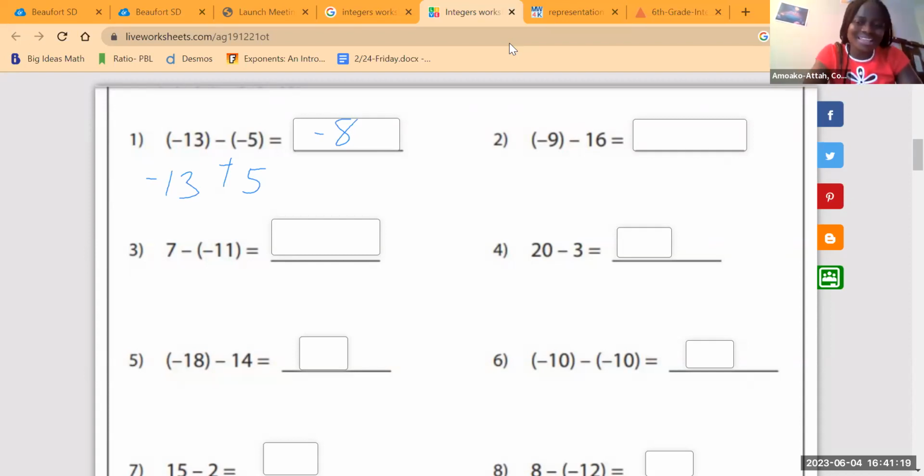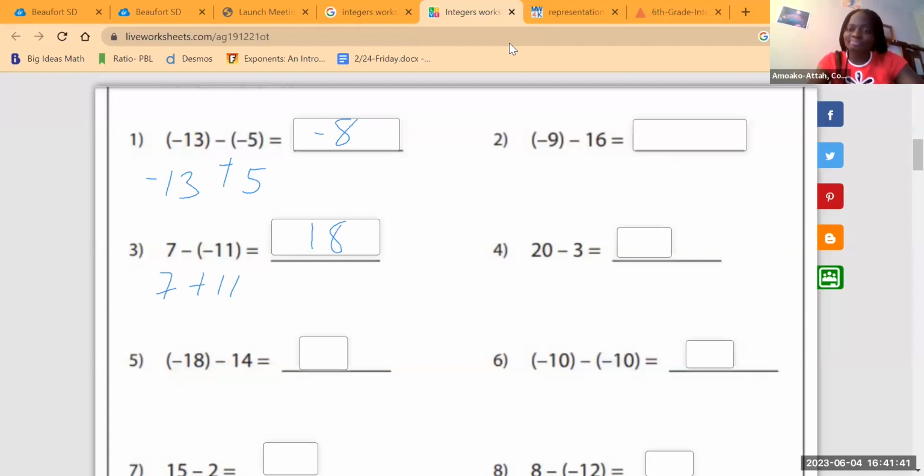All right, so let's see the second example. 7 minus 11. This means that the 2 negatives meeting makes your mathematical operation here positive. So you're getting 7 plus 11, which is what?